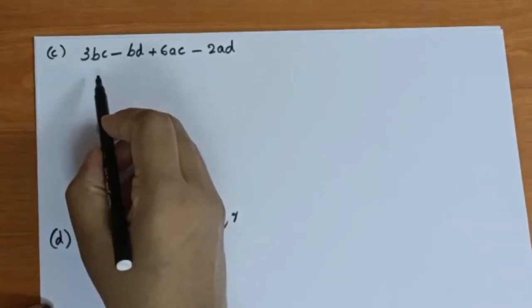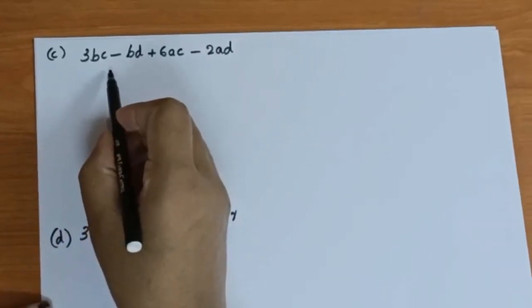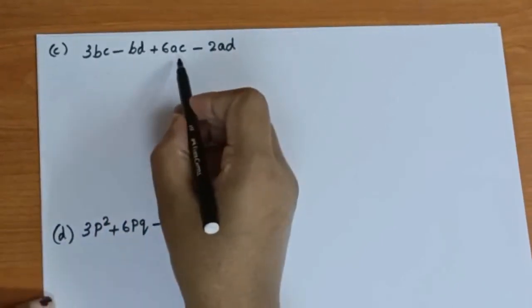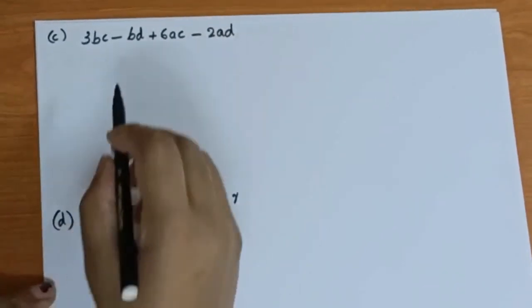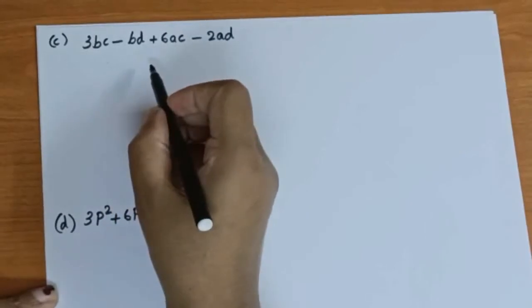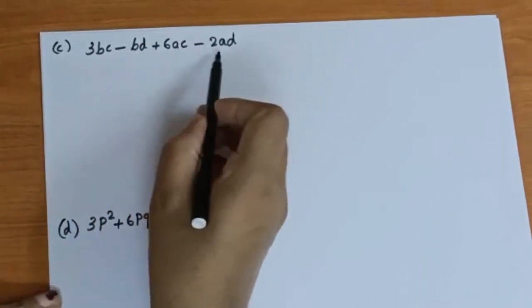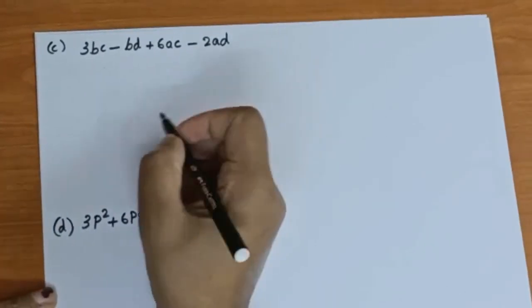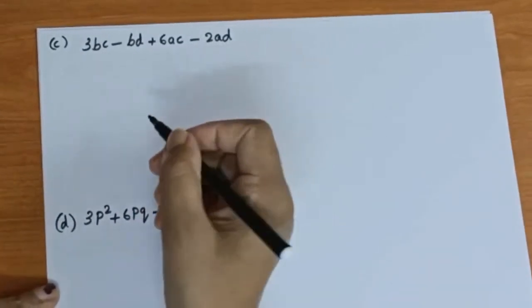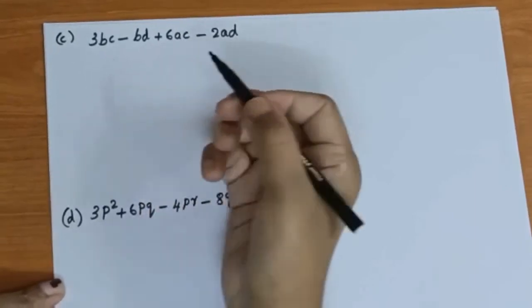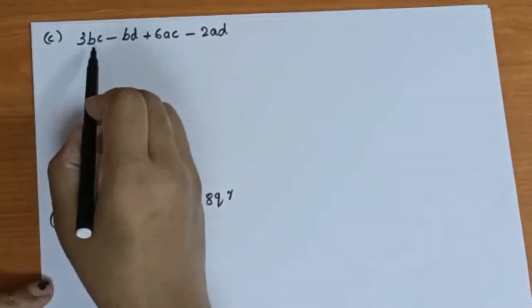Now question number C. 3bc minus bd plus 6ac minus 2ad. Like before, we have to take the common term outside. But presently from all these four terms there is nothing common. So we have to group the terms so that we get something common outside.